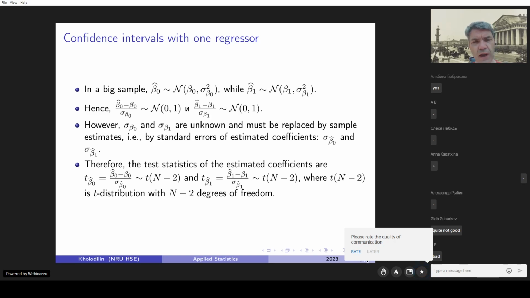We have a constant and we have an explanatory variable. Typically the constant is not called an explanatory variable because it doesn't really explain anything. So we have two variables in our model, constant and explanatory variable, and we have n minus 2 degrees of freedom here. So each of these coefficients, or a transformation of these coefficients, follows a t distribution with n minus 2 degrees of freedom.